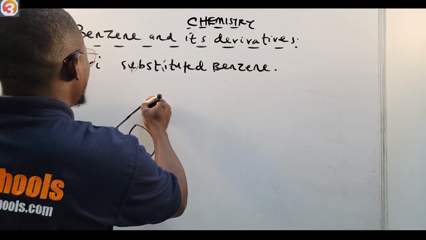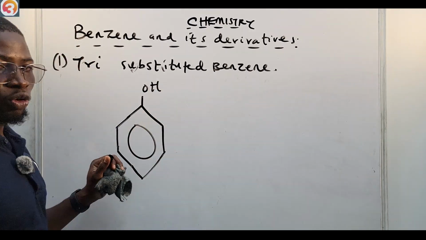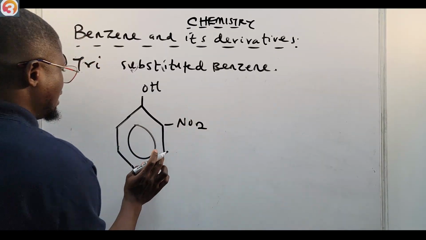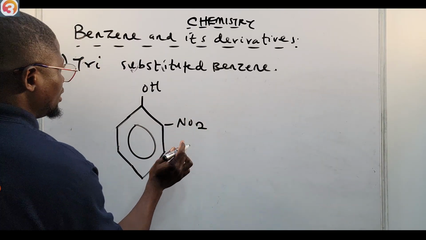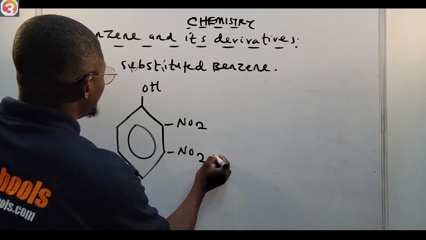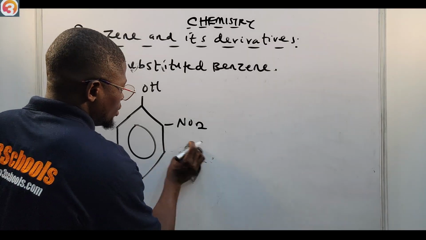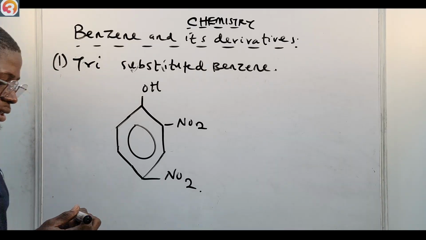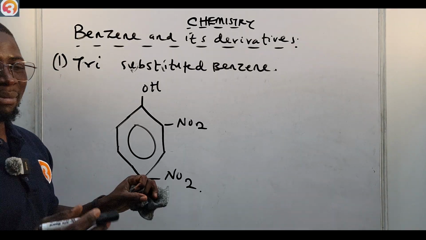Then let's say at this position we have an OH group. At position 2, we have an NO2 group. At this other position, let's say you have another NO2 group. Let me put this here, NO2 group. So these are 3 groups attaching themselves to a benzene ring.